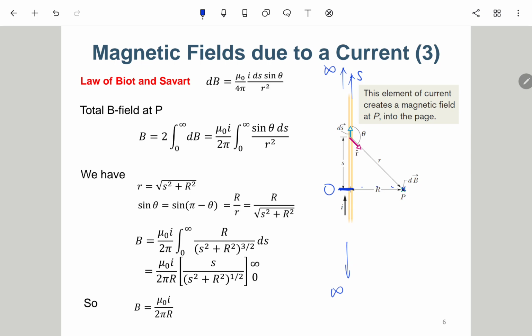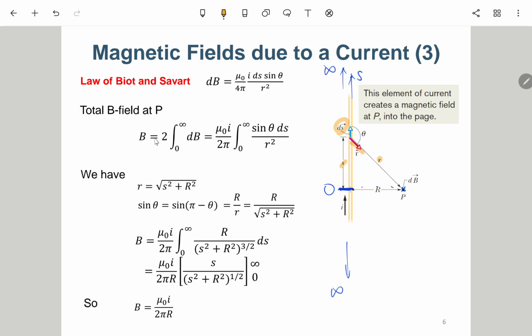Because it is infinitely long, whether this point is a bit higher or lower, I can still treat it as the 0 point, because it extends to infinity above and below. In that case, this is S, this is ds, and this is R, or R hat. So we have ds cross R hat pointing into the page, so we have dB going into the page.